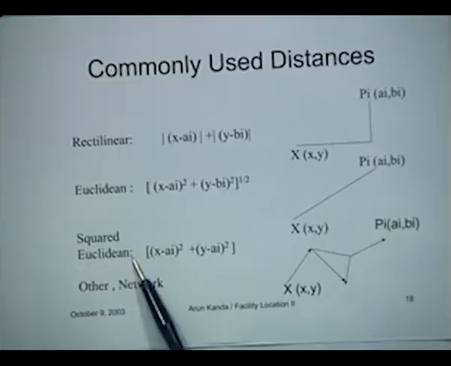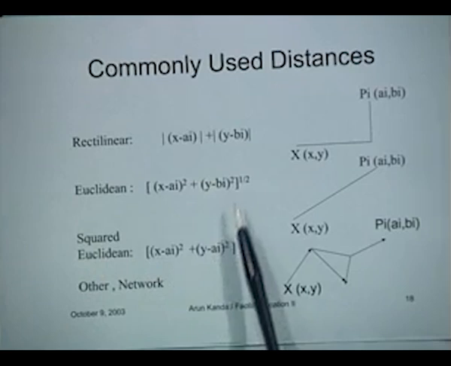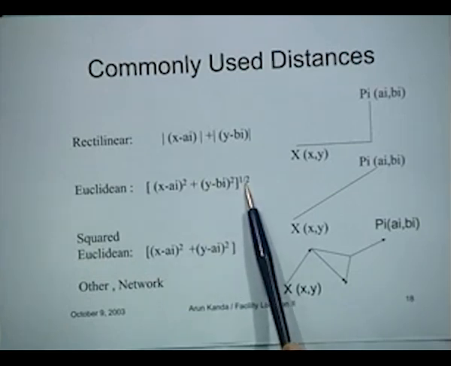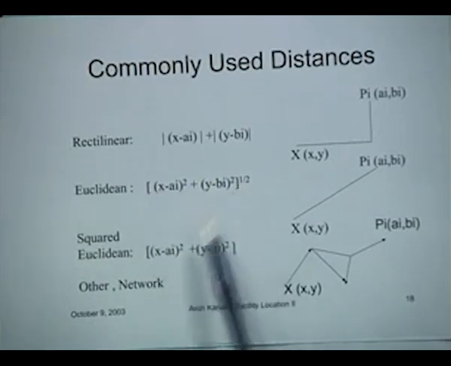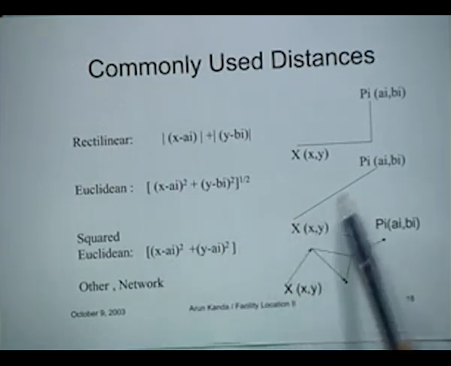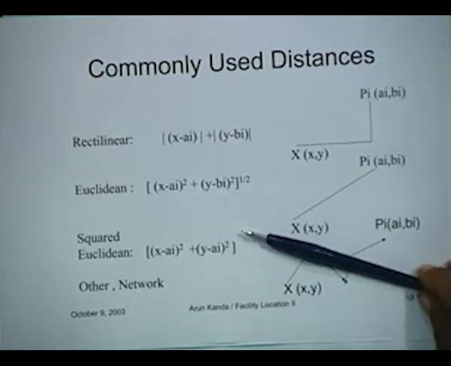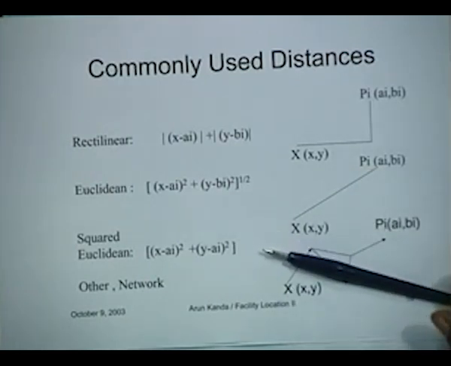Finally, let us look at the problem where you are talking of squared Euclidean. Squared Euclidean means that the square root sign is missing, so we are talking about the square of the Euclidean distance. It is just this very distance but the square of it. Now, in fact, squared Euclidean distance location problems are also very relevant in many situations, mainly in problems which involve radiation.